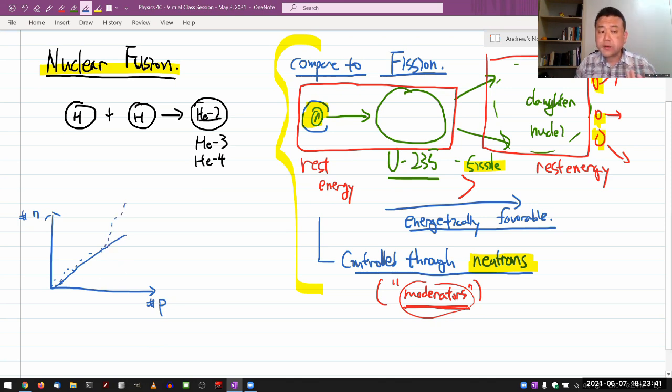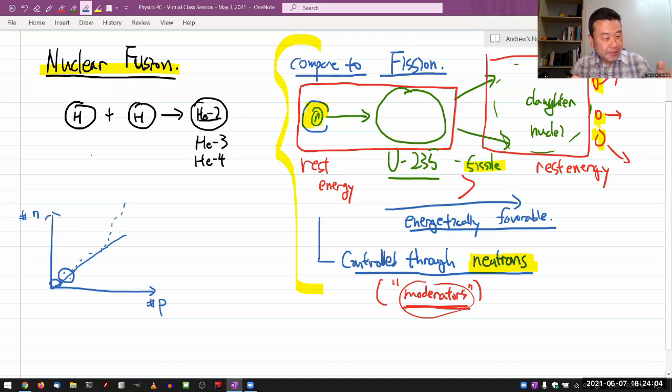So if you are thinking of forming these heavier isotopes from these lighter isotopes, then starting with hydrogen, which only has a proton, at some point you have to turn some of these protons into neutrons.